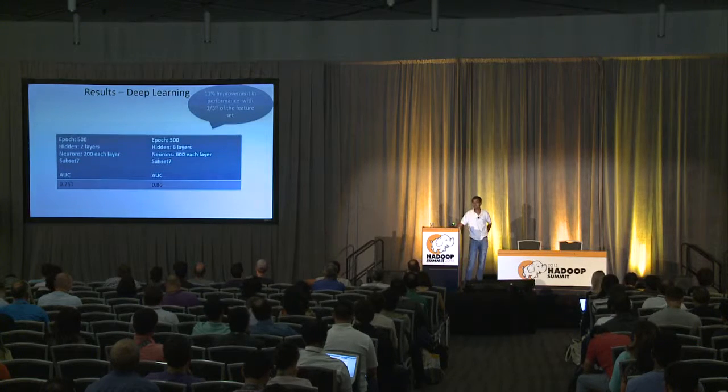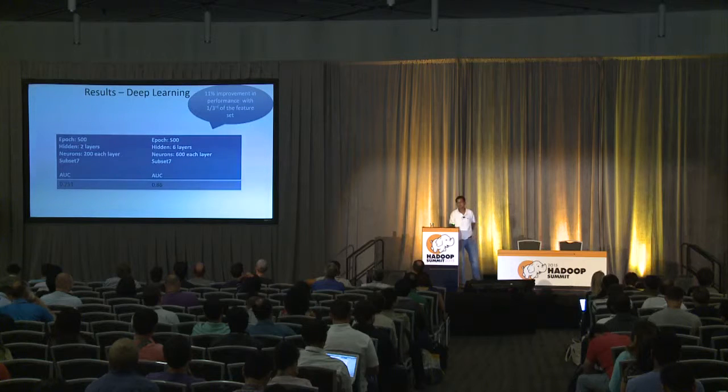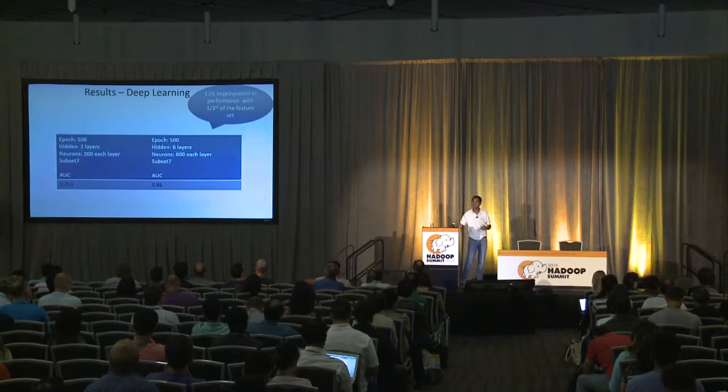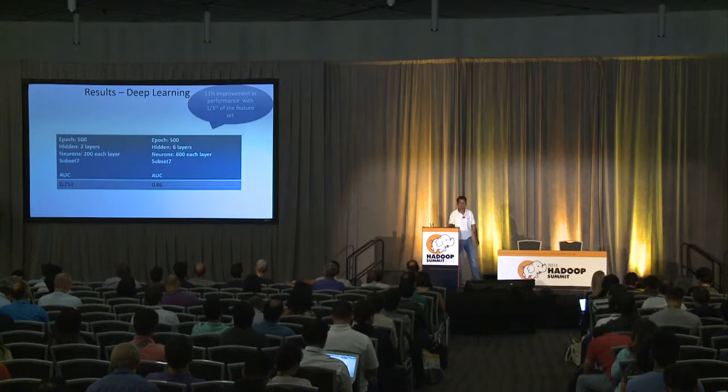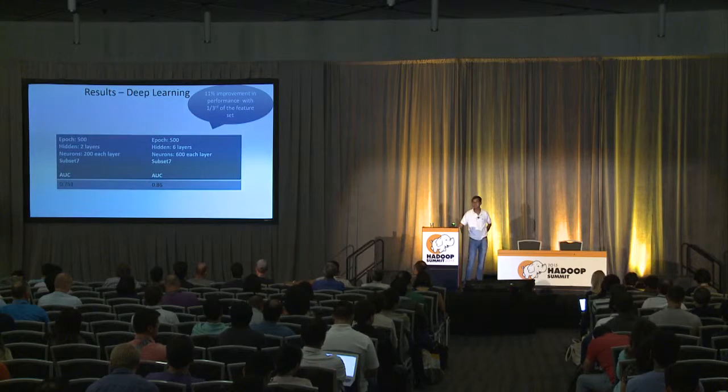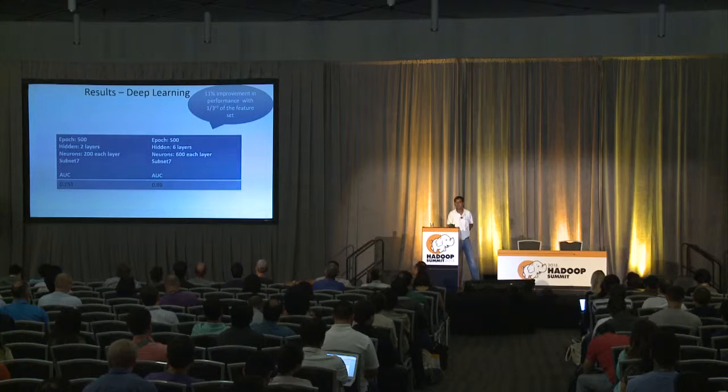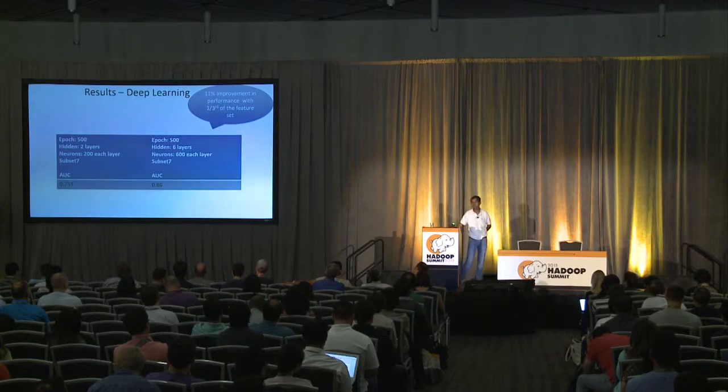Instead of using all 1,500 features, I selected a subset of 500 features and trained a deeper network just by having more layers and more neurons. Deep learning was able to give about 11% improvement in performance, which shows that a deeper network can help with detecting frauds. Basically, we can do more with fewer features.